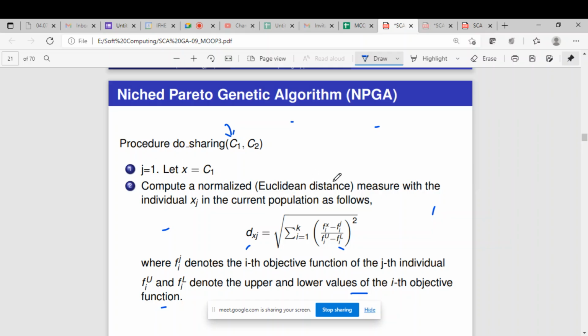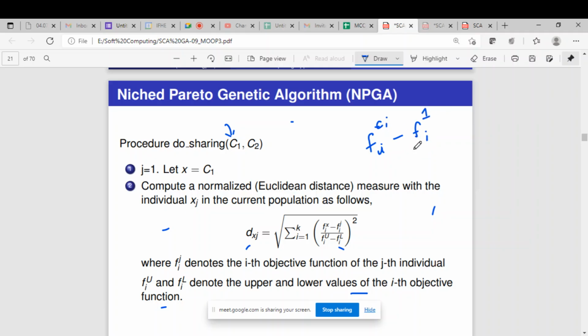So instead of writing like this, what we can write is: i represents each round, this equation will go from 1 to k. So i represents the number of objective functions, so that has to be repeated. So fi of x is fi of c1, minus fi1, since in the first round j is 1.